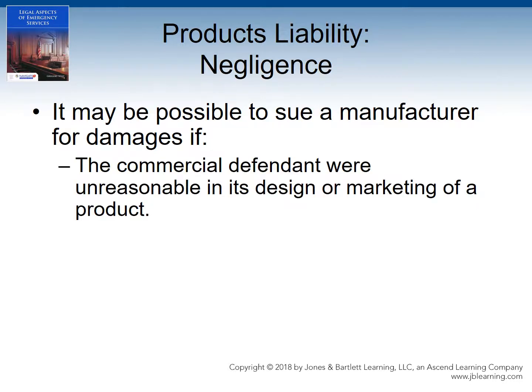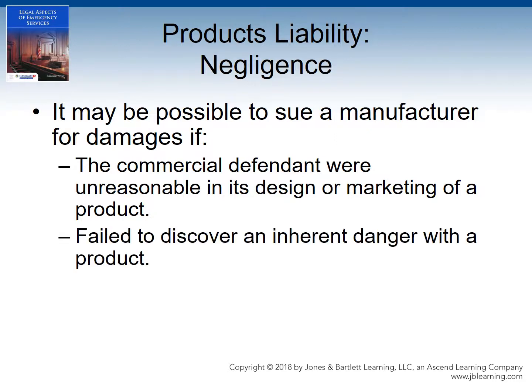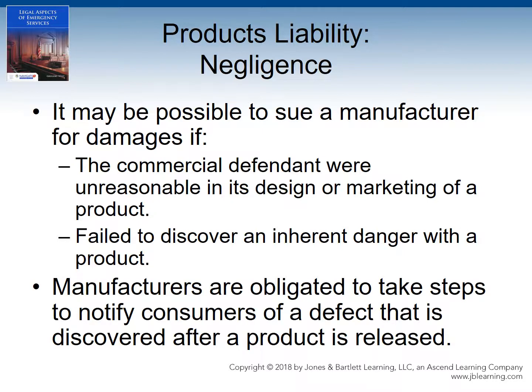If the commercial defendant was unreasonable in the design or marketing of a product, or it failed to discover an inherent danger within the product, that defendant could be negligent in the design, production, or marketing of the product, giving rise to a products liability lawsuit. Manufacturers of products are also obligated to take steps to notify consumers of a defect that is discovered after a product is released, which explains the need for recall notices when a defect is discovered in a product.